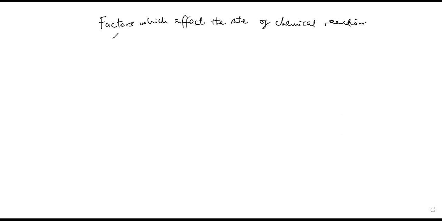So very many different factors affect the rate of chemical reaction, and you realize that these factors are the ones that determine how fast the reaction is or how slow this reaction is. There are very many, but amongst them, we shall cover concentration, as well as concentration of the reactants in the solution.